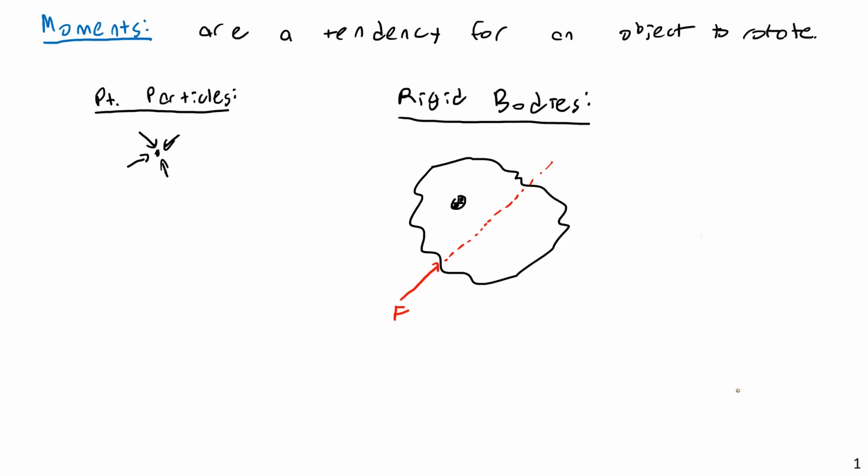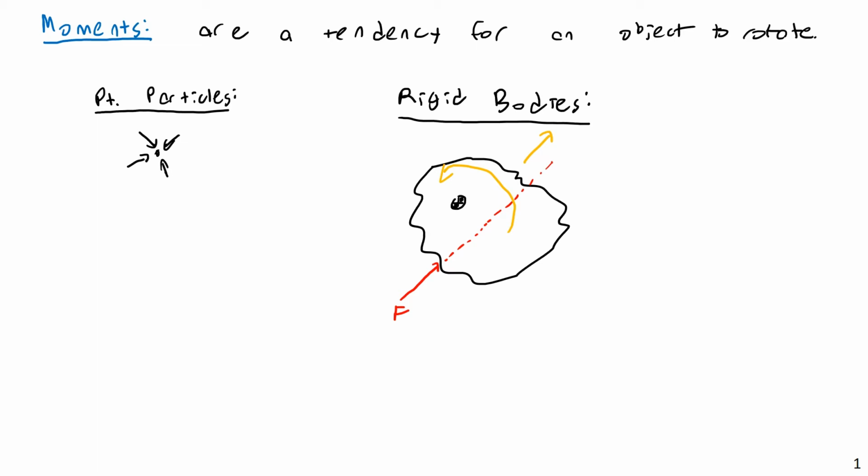If this object were floating in space or otherwise unconstrained, it would have a tendency to move in this direction and a tendency to rotate about the center of mass. That would be more of a dynamics problem, but in statics problems, you still have the tendency to rotate, but that tendency is going to be resisted by other forces. And so, again, a moment is a tendency for an object to rotate.